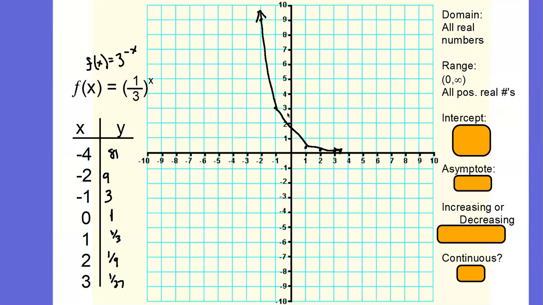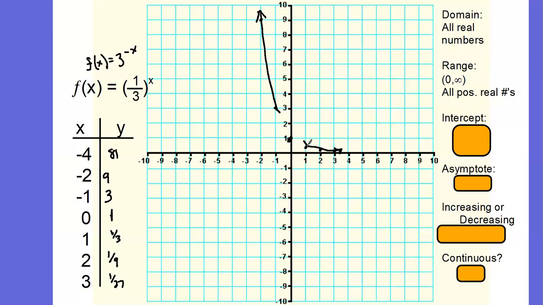My intercept. Now, I must have skipped plotting that point there, that 0, 1. So my intercept should be right here at 0, 1. So let's fix that up. And let's fix up this part of the graph.